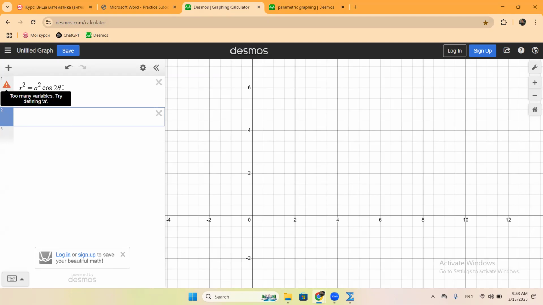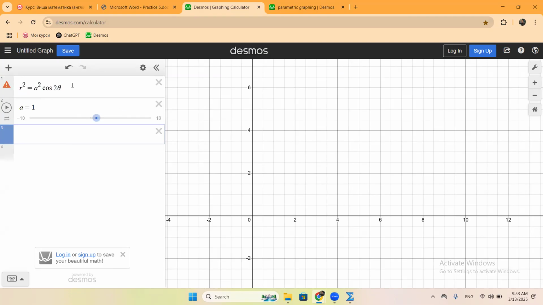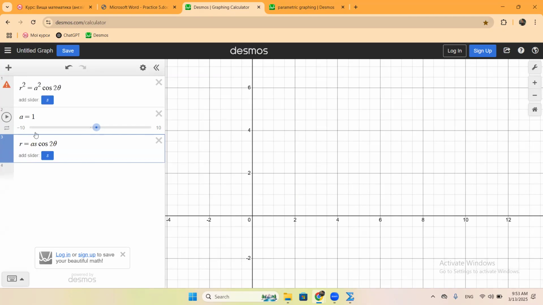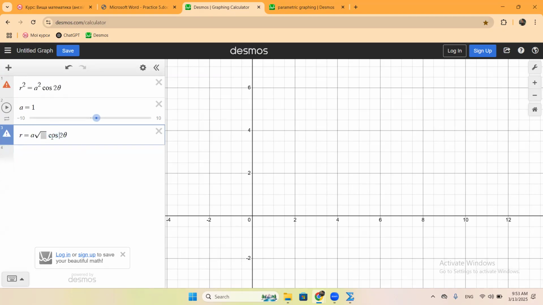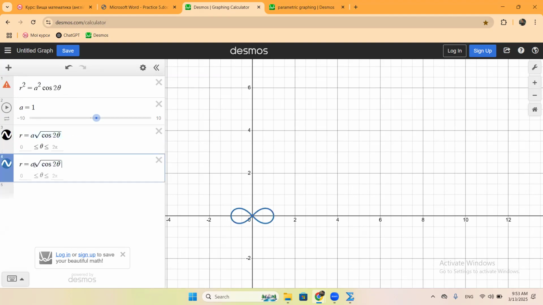Too many variables, understood. So let's add a slider for a. Yeah, okay, it must be linear. So let's write like this. So r equals a and square root of this figure. And if minus, actually the same.